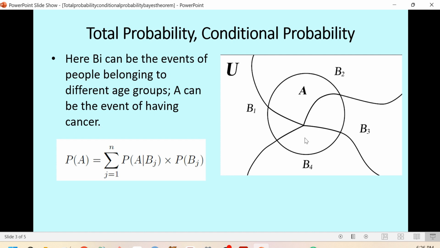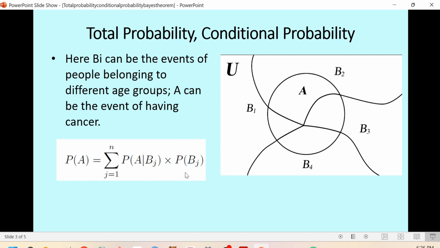So now if we want to know the probability of people having cancer, because we have additional information of the age, we know the probability of people having cancer in each age group. Then we can sum these probabilities together, and we can use the total probability function.